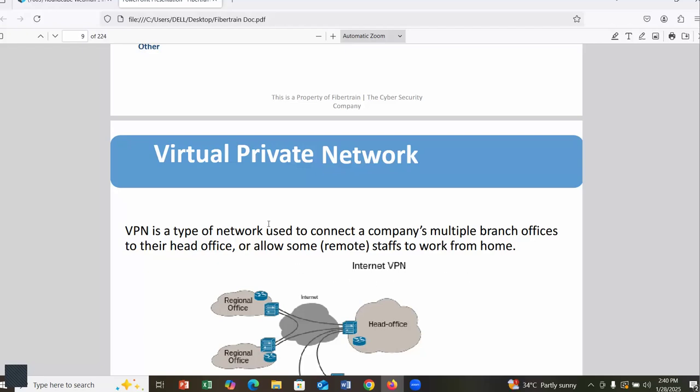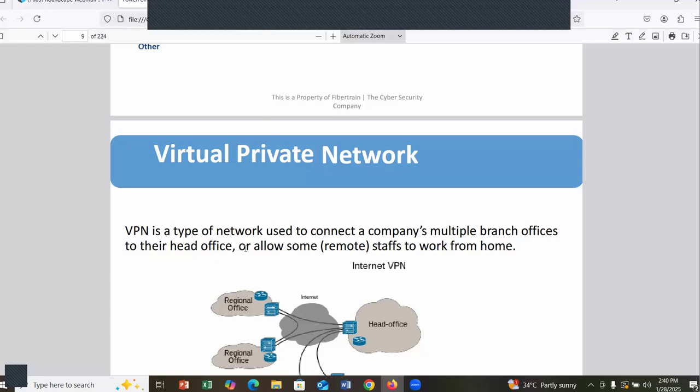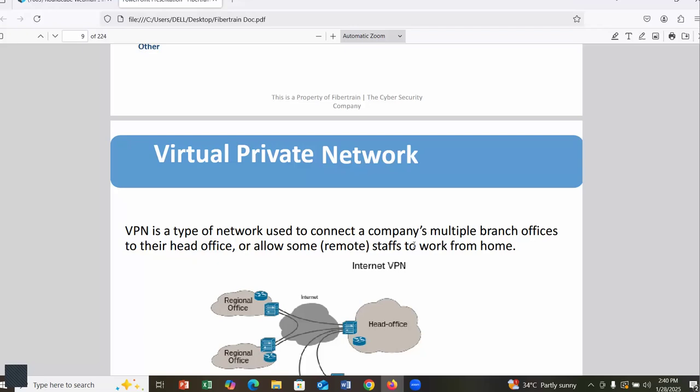And the second function of a VPN is to allow some remote staff to work from home. So imagine I'm working for Zenith Bank and I will be working from home, which means that I will be at my home accessing Zenith Bank resources.